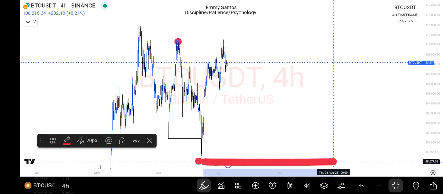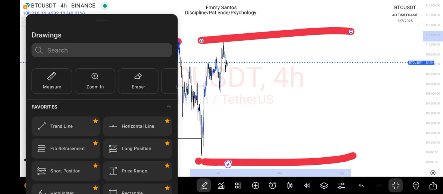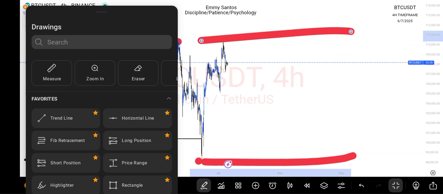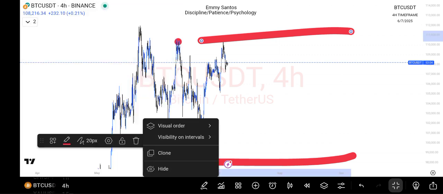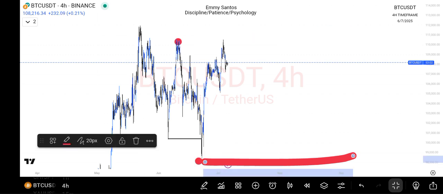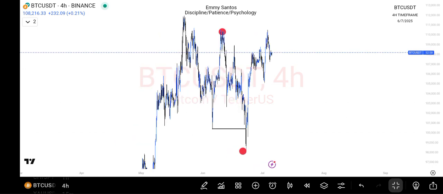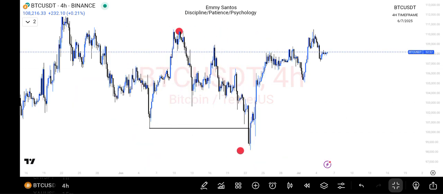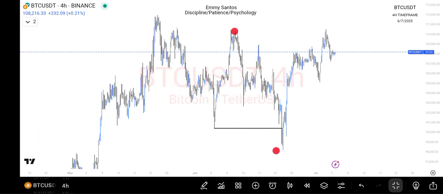You're not trading outside of this. When you mark that as a break of structure, I mainly use it to get market direction as well.